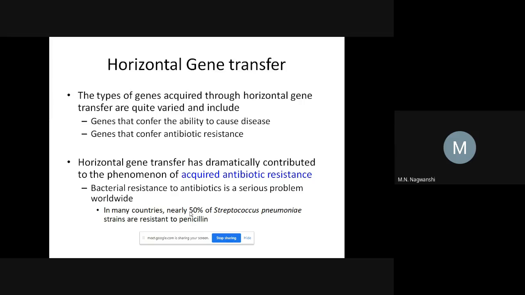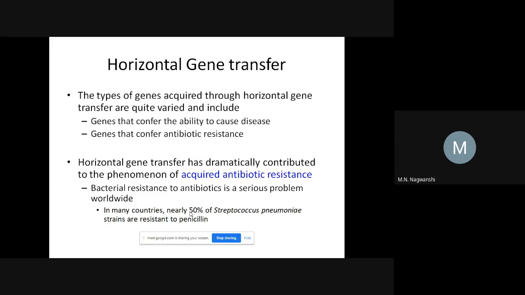Now this transfer of the foreign DNA fragment into the bacteria takes place in different ways, and there are some requirements for the cells also. The types of genes transferred through horizontal gene transfer are quite varied.